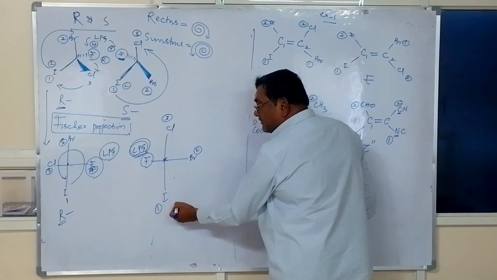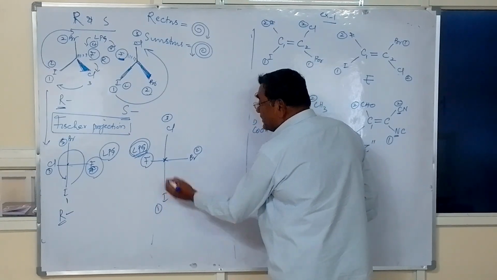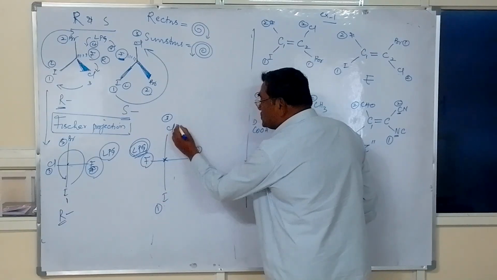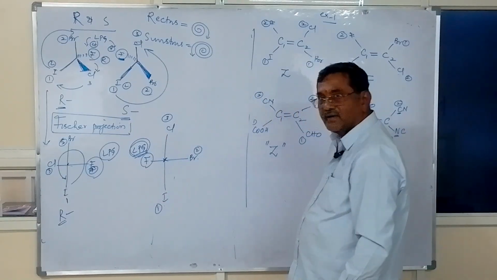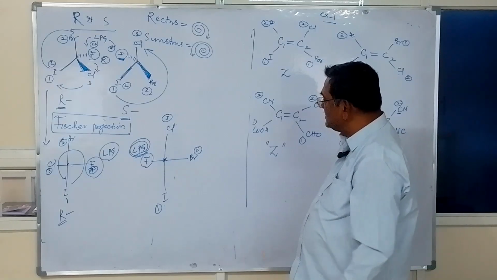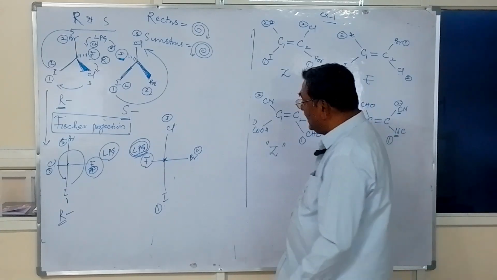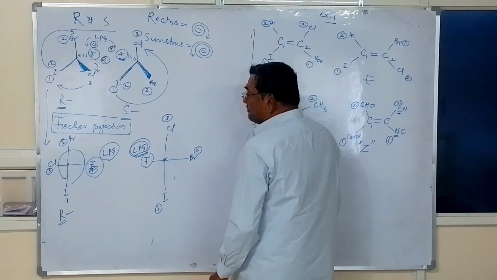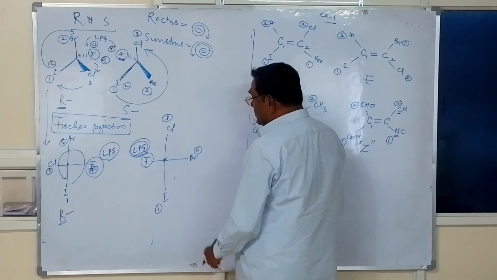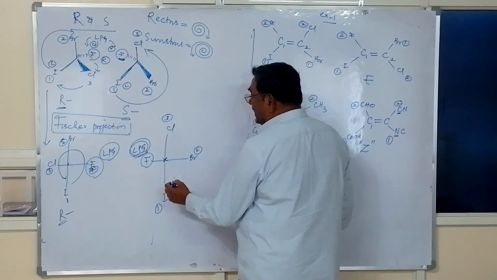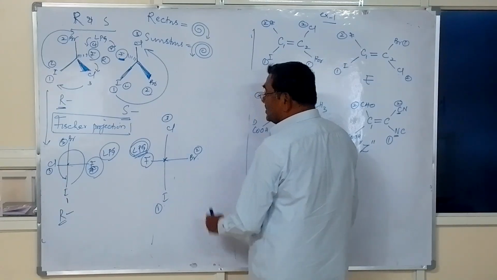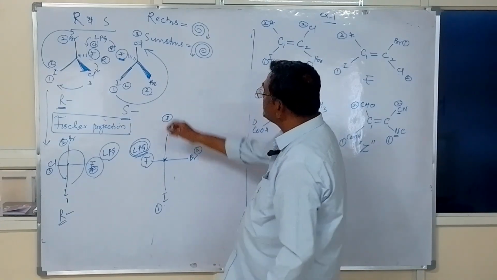Now, what I am doing is very, very interesting basics here. Now, let us see. 1, 2, 3, 4, right? Now, tell me, children, as far as 1, 2, 3 priority is concerned, whatever you are doing, in what direction is it going? What's the direction which we are going to see here?